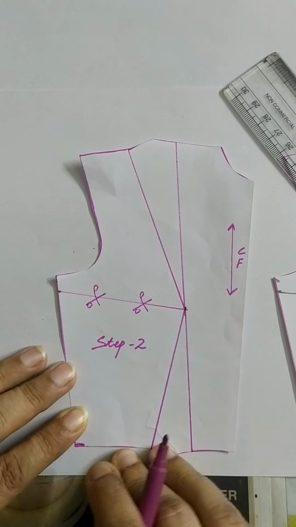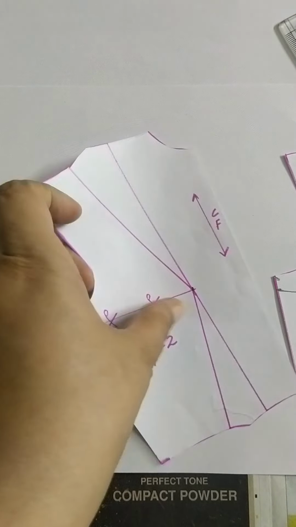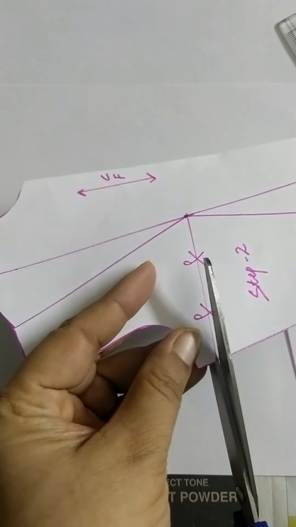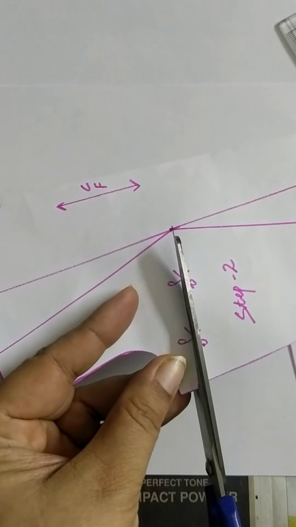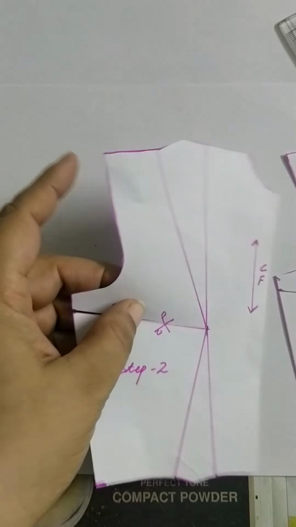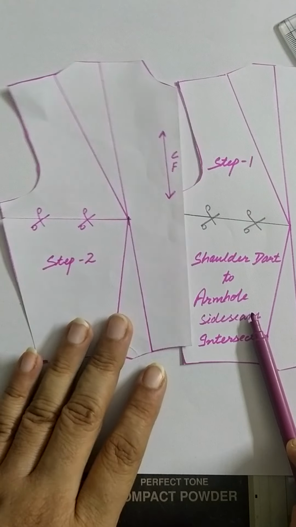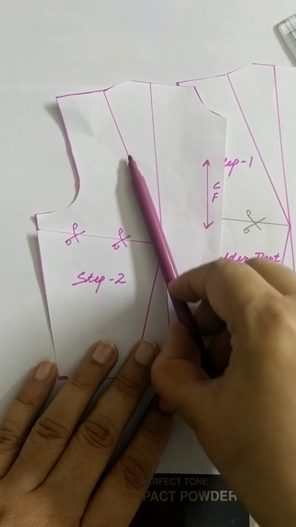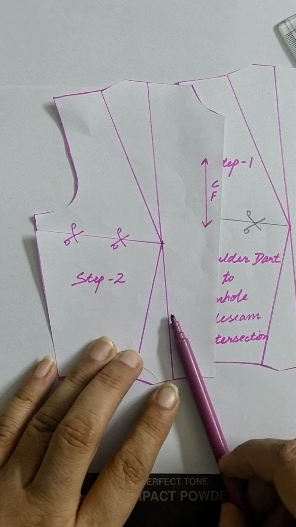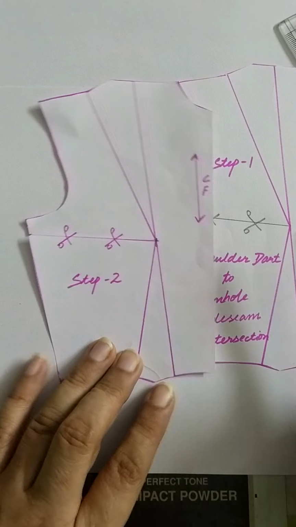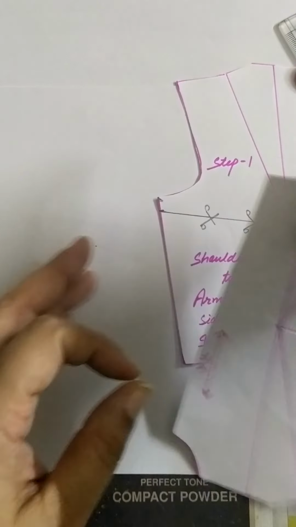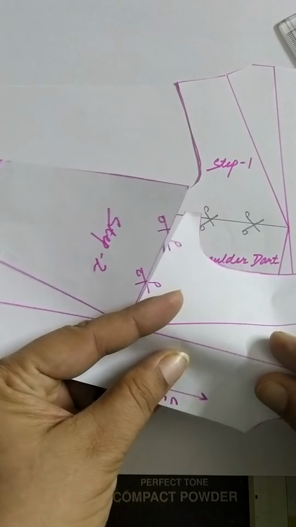So in step 2 what we do? We slash the slash line, and as it says shoulder dart to this position, we need to close only the shoulder dart. The waist dart will not be closed in this case. So I am going to close the shoulder dart now.